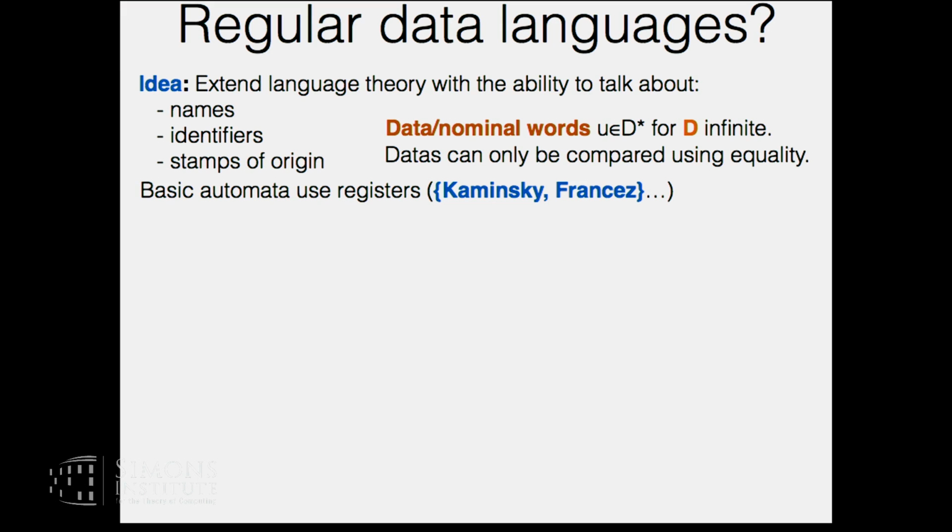Well, the first proposal was the one of Kaminski and Francez, which is you add registers to your automata, and these registers can store these values. You have finitely many of them, and when you advance in the word, you can pick the value, compare it with the registers you have, decide to keep it, throw it away, and you go on like that till the end.